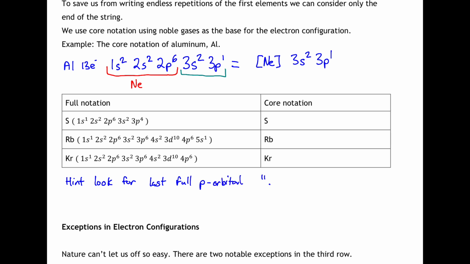That looks like something p6. So if you see a p6, that's our last full orbital. Let's look at the first one. We got a sulfur notation. Which one is my last p6 that's full? Why does it say 1s1? Where?